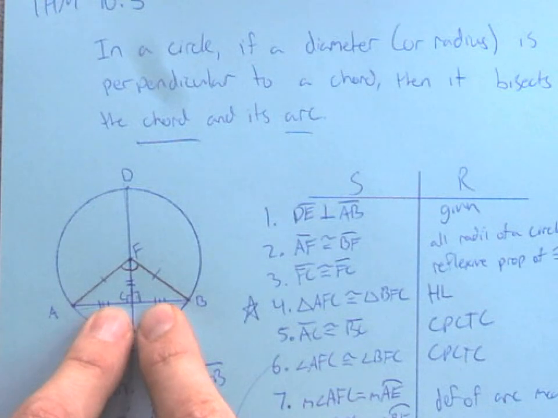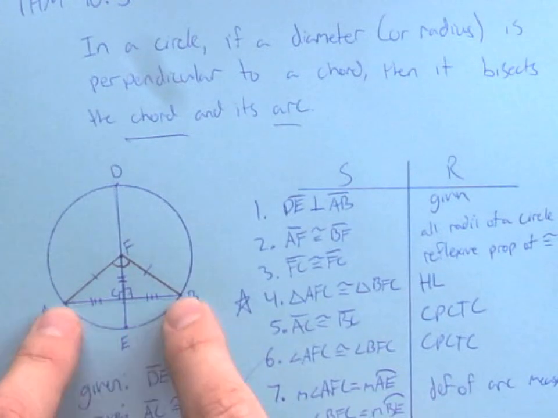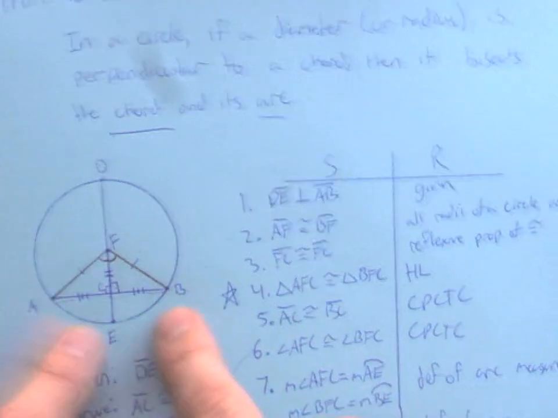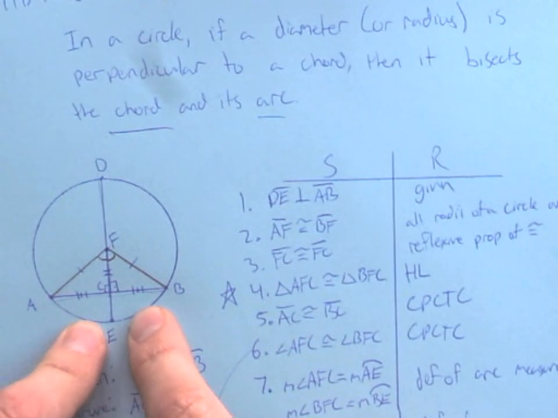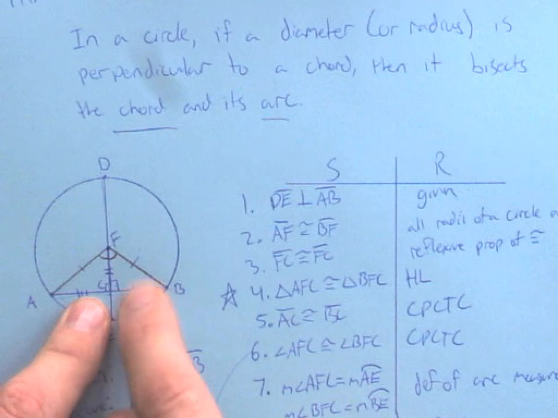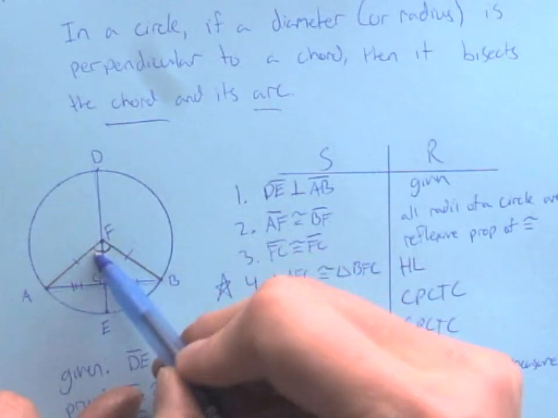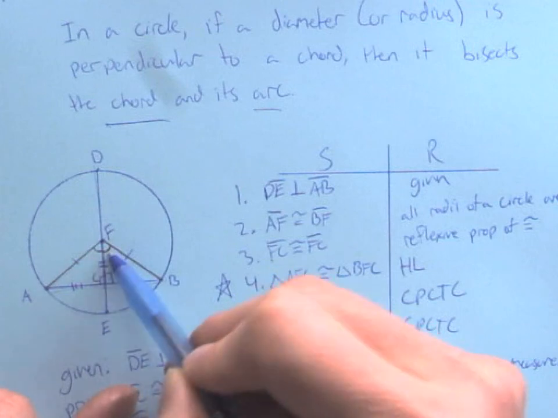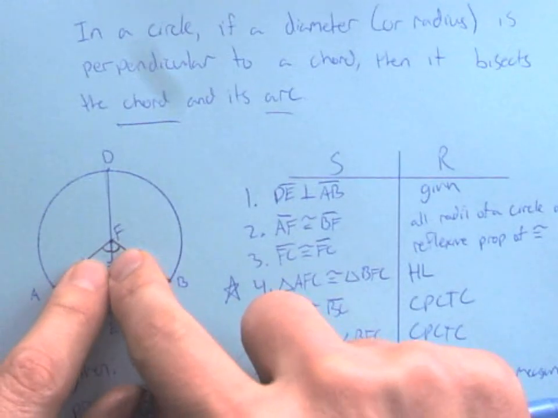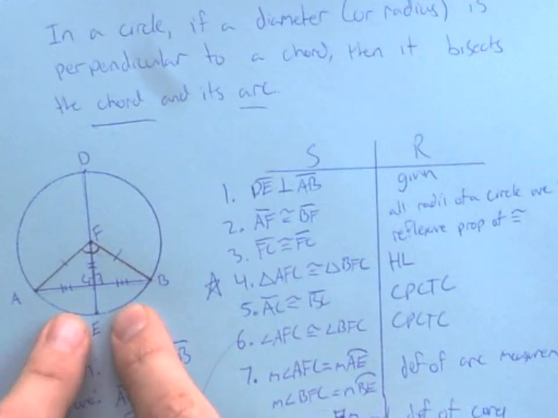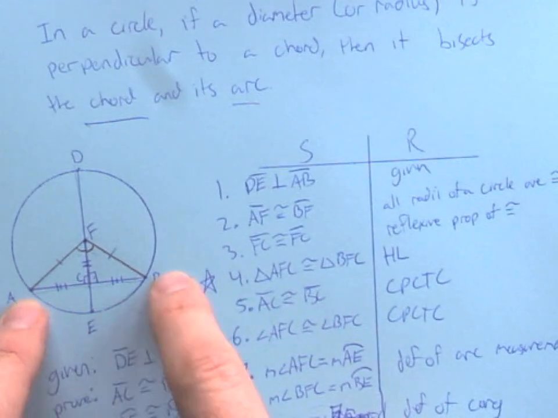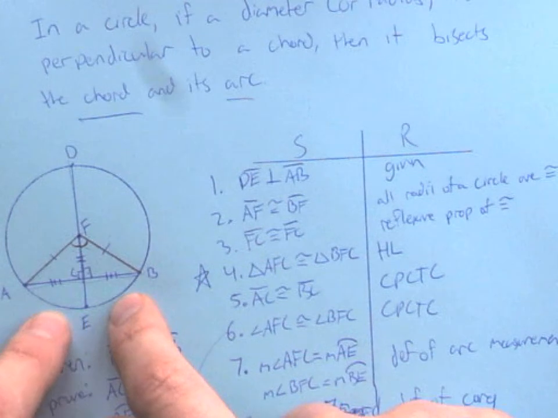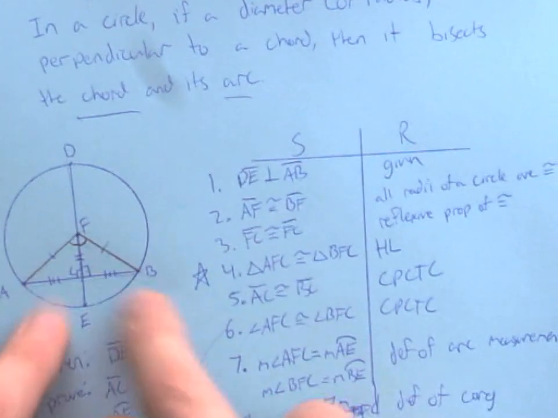The second part is to get this arc bisected, or in other words, AE congruent to BE. So what we do is go back to the triangles being congruent, which means these two angles are congruent because they're corresponding angles of these triangles. And if these two angles are congruent, then these two arcs must be congruent, because remember, the arc measurement matches the central angle.